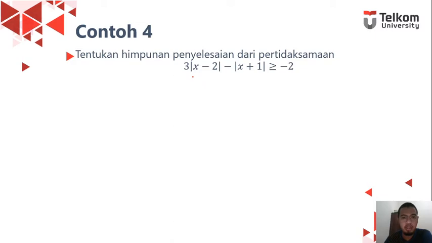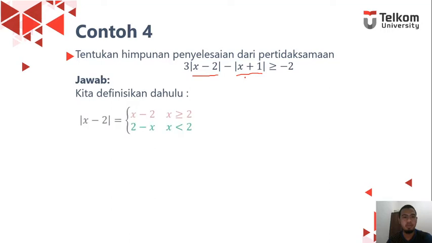The first one is this one, the second one is this one. So we have to make separate conditions: when the condition is the absolute value of x minus 2, and when the condition is the absolute value of x plus 1. So we have this definition, right?